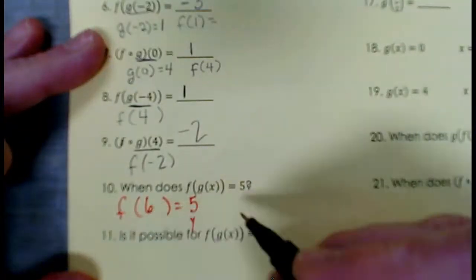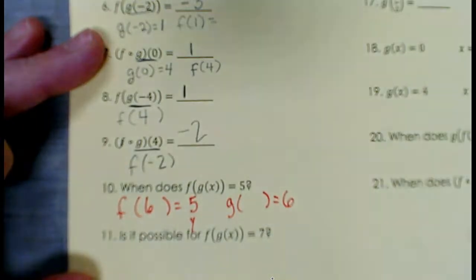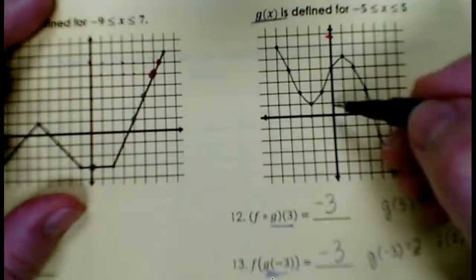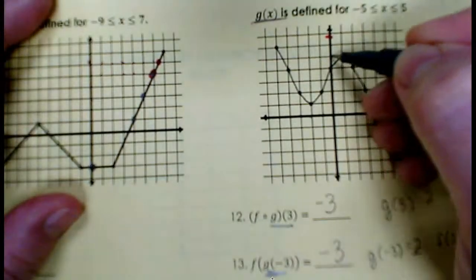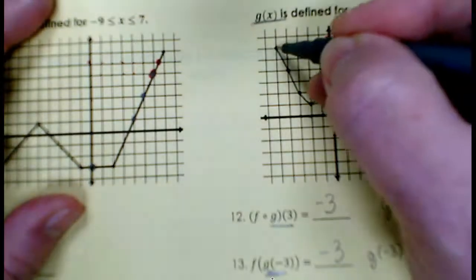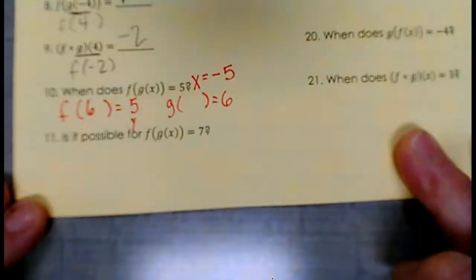This 6 becomes the y value for my function called g. What was x becomes y. That's what makes it a composite. 1, 2, 3, 4, 5, 6. 1, 2, 3, 4, 5. And so x would be equal to negative 5.